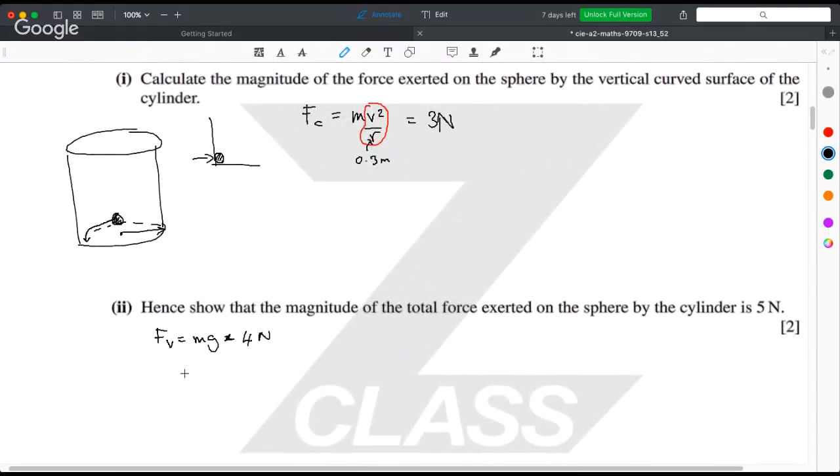So the total force is just finding, remember, it's like finding if we have one force this way, another force this way, and the resultant force is this one. It's like the hypotenuse of the triangle. So F total is the square root of Fc squared plus Fv squared, which is the square root of 9 plus 16, which is, of course, 5. And that's all there is to it.